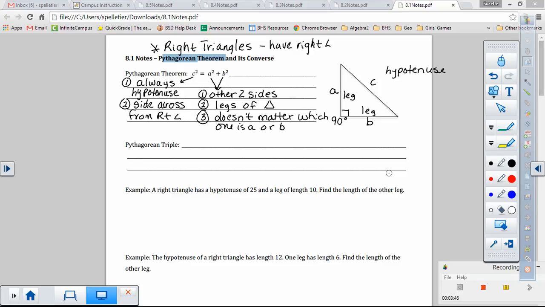So a Pythagorean triple is what we call a set. We're going to work with the triangle in just a minute. So it's a set of non-zero whole numbers. So I give you three numbers, a, b, and c, that satisfy the equation for the Pythagorean theorem.